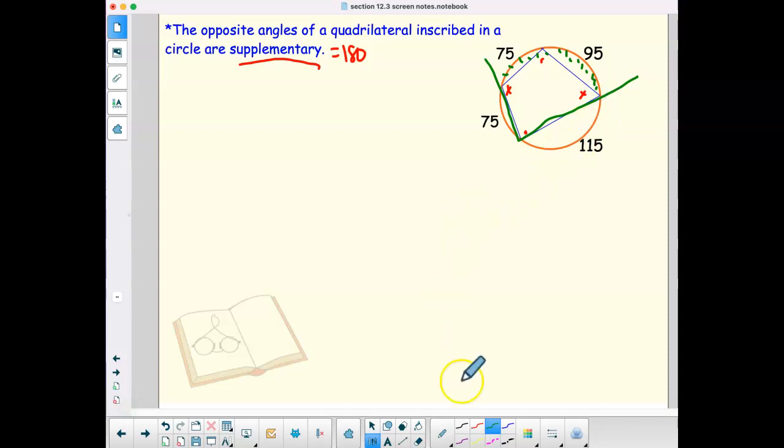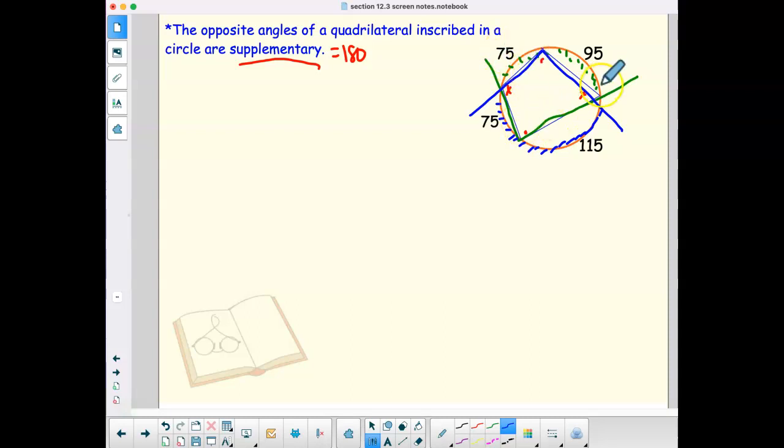Whereas its opposite angle, the one that's over here, intercepts this part of the circle. So if you look between the blue angle and the green angle, the entire circle becomes an intercepted arc. And since the entire circle is 360, the two angles would be half of that, or 180. So that's why that is the case.